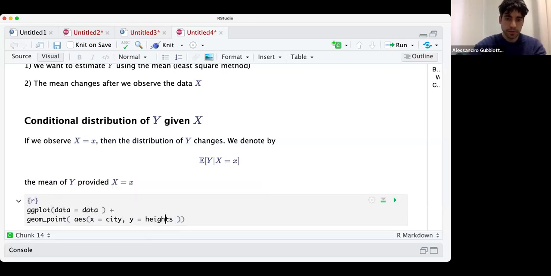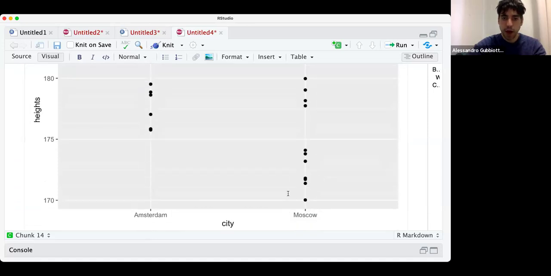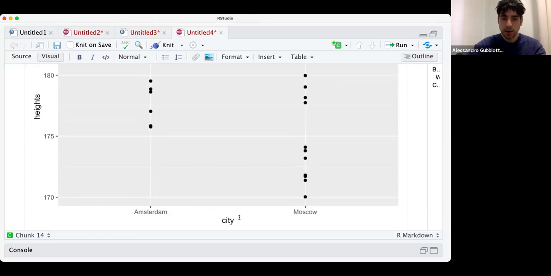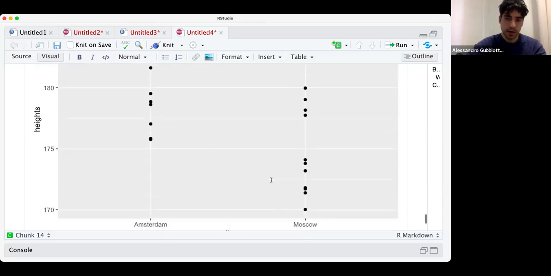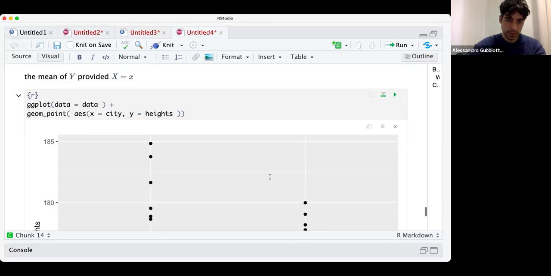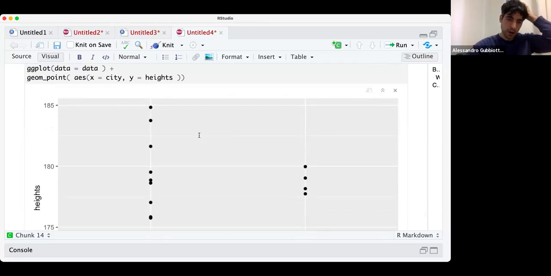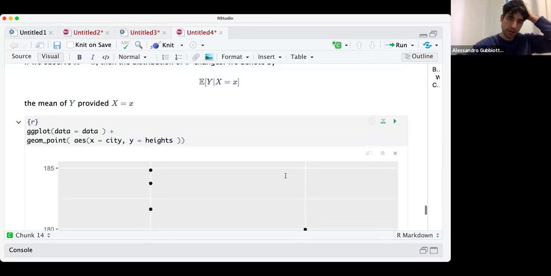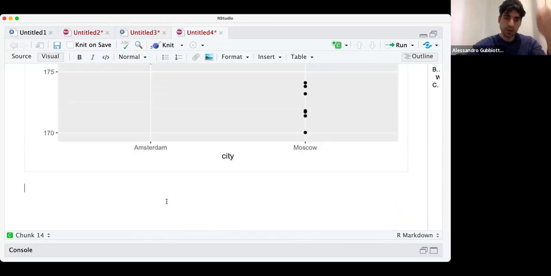I will plot simply this one. So the distribution of y changes if we know the variable x. You can see it from here. I've generated it, so that I know it in advance. But also, if you don't know how it is generated, you can discern these two different behaviors, and the mean changes. So also our prediction depends on x.